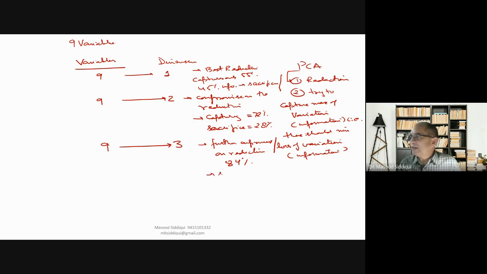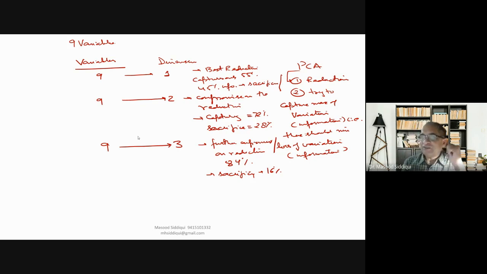So thereby we are sacrificing just 16% of the variation. If we further go, 9 variables reduced to 4 dimensions, so thereby we are capturing 90% of the variation. So one thing becomes better, obviously the other things become worse.